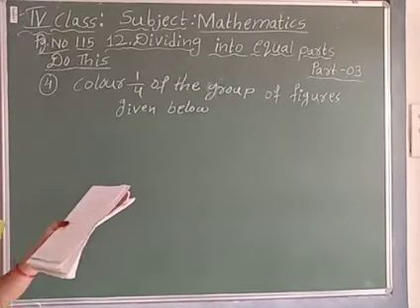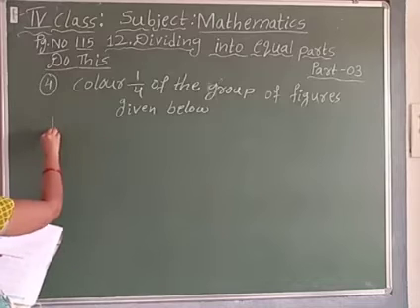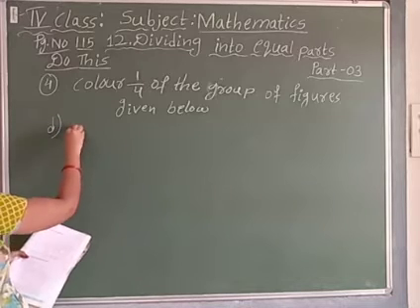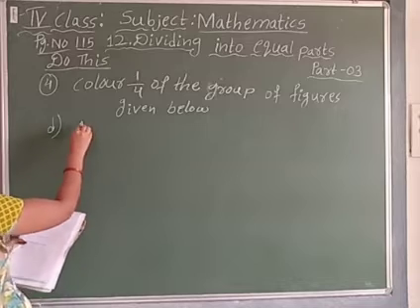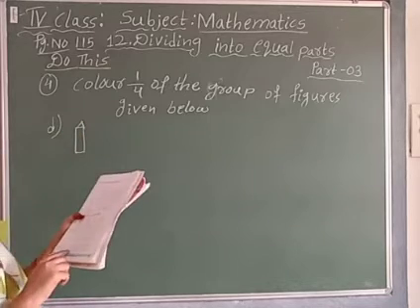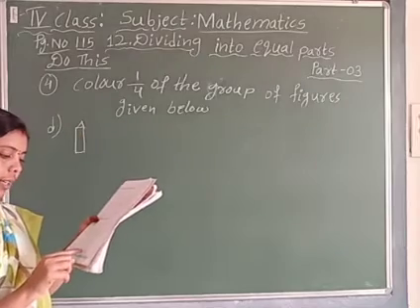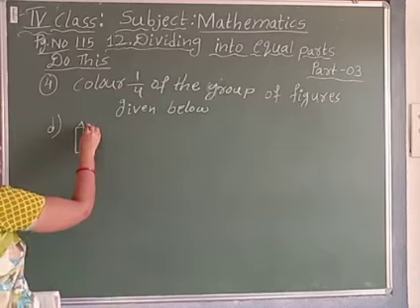Okay, children. Now D1, see all of you. They are having pencils. See. How many pencils are there? 1, 2, 3, 4, 5, 6, 7, 8, 9, 10, 11, 12. 12 pencils.